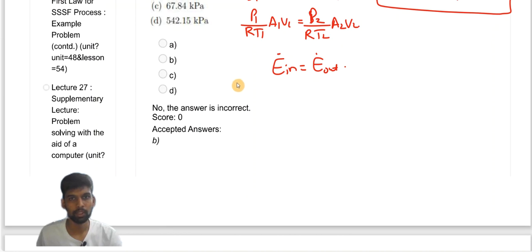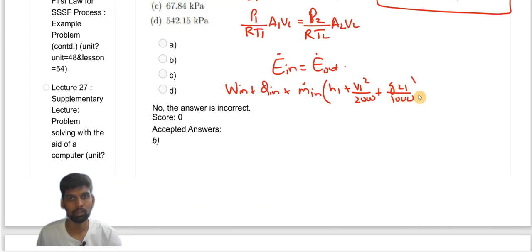Or let me just write it: W net plus Q net, m dot in times h1 plus V1 square by 2000 plus g z1 by 1000, equals W out, Q out.